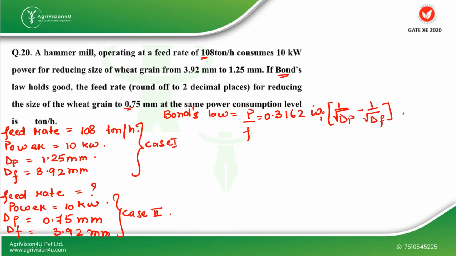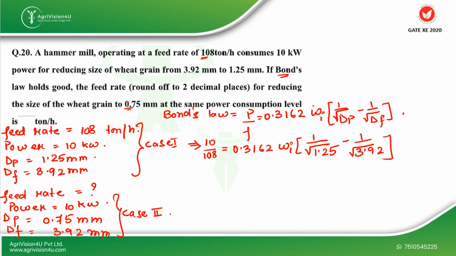So for case 1, P is 10, F is 108, which equals 0.3162 Wi times (1 by root over 1.25 minus 1 by root over 3.92). Let this be my equation 1.